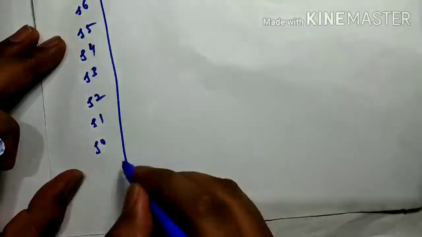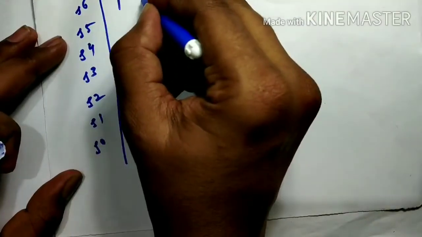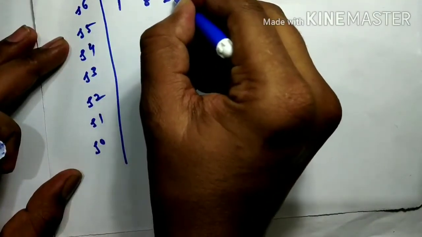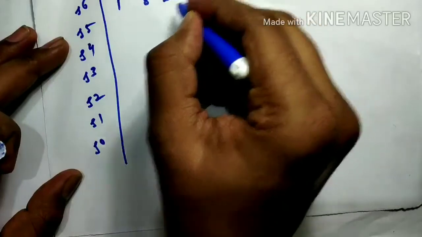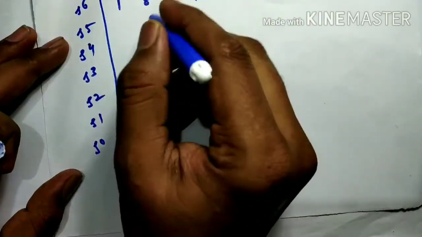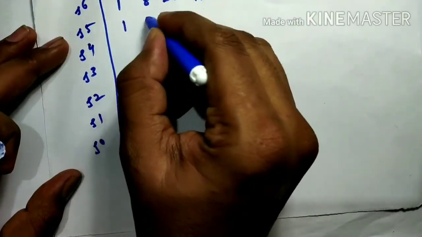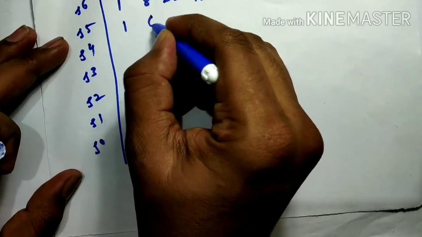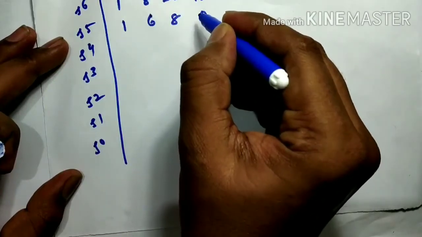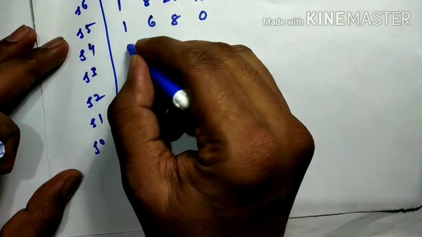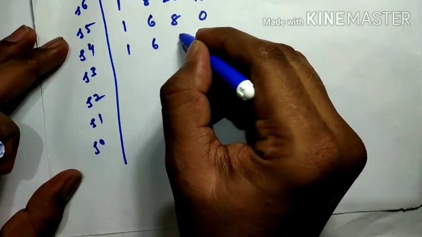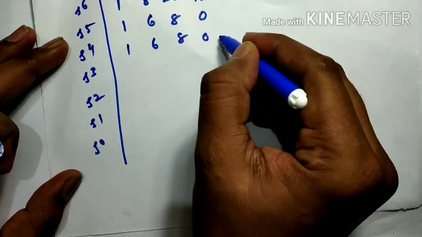You know this one is 1, 8, 20 and 16. After dividing you got 1, 6, 8, 0.